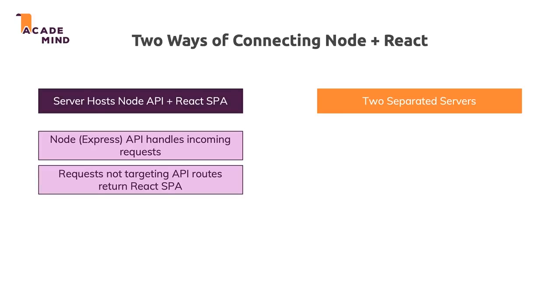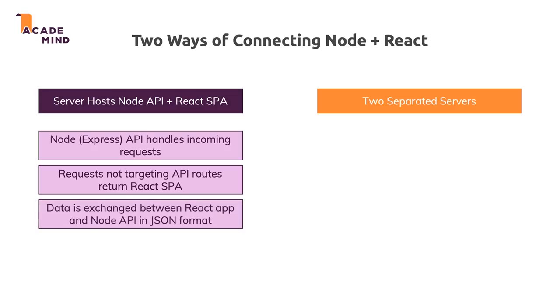So these requests would get us the single HTML file and the associated JavaScript files that are required to run the React app. Between the React app and the Node API, even though they're running on the same server, we have that separation you learned about. So they don't really know much about each other than that they run on the same server. Data is still exchanged with these AJAX background requests in JSON format.